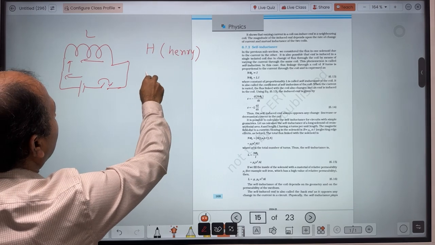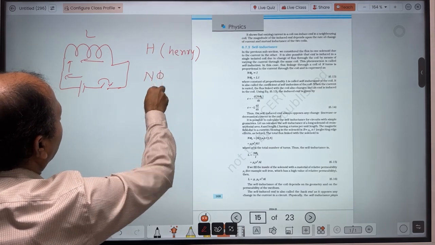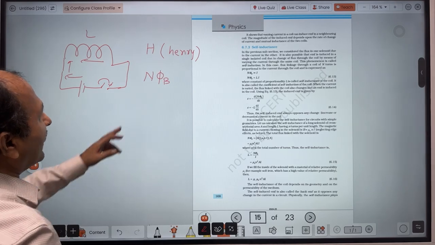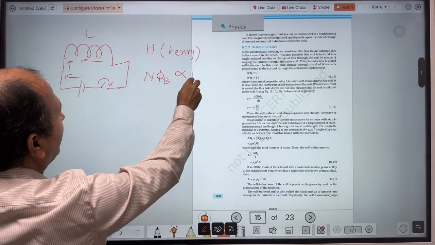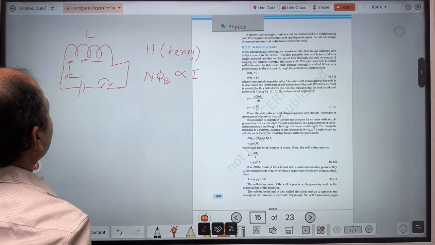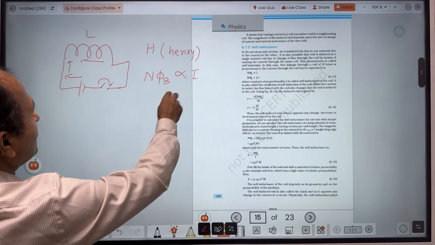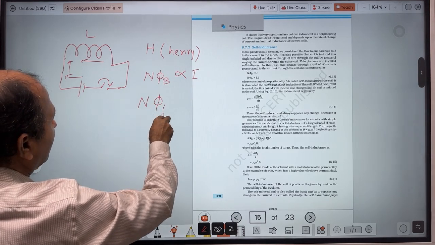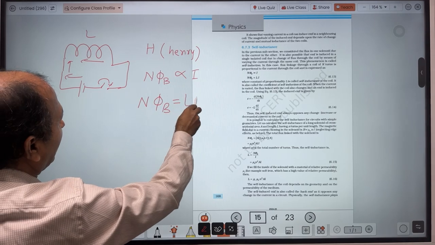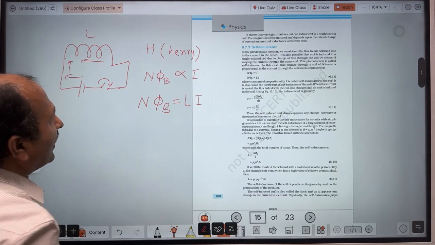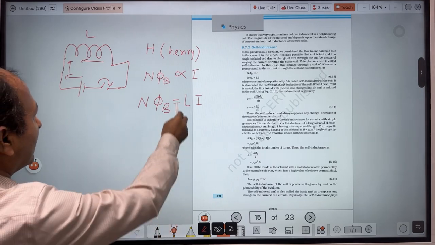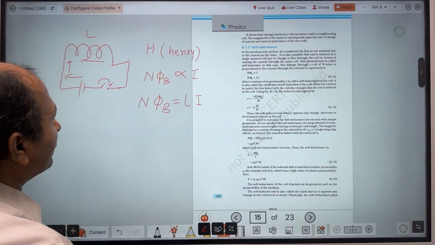Flux will be the number of turns times the flux connected to each turn. Suppose it is phi b, and phi b will be proportional to the current flowing through the coil. So here we put a constant. We write N phi b equal to Li, where L is the coefficient of self-induction, as I told you in the beginning.